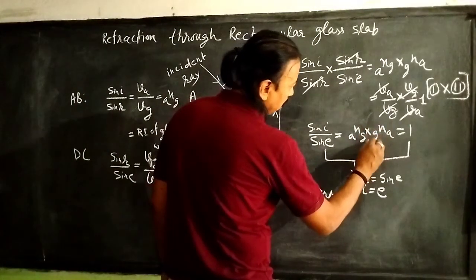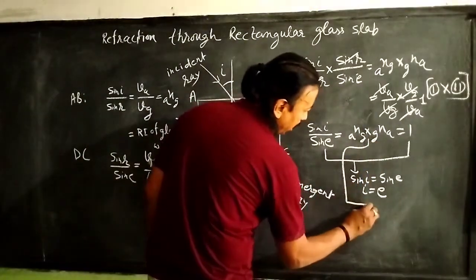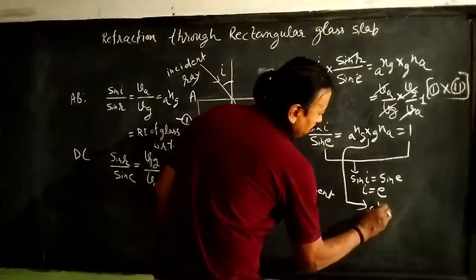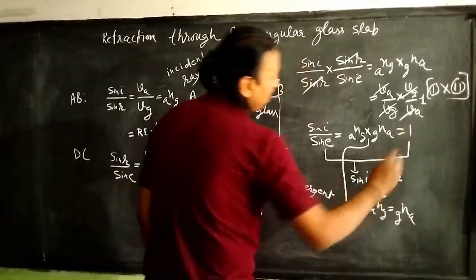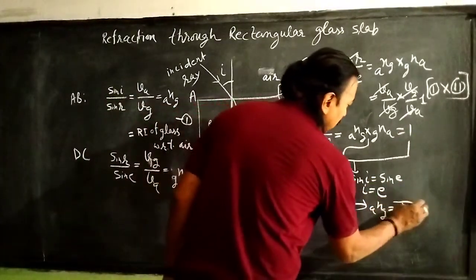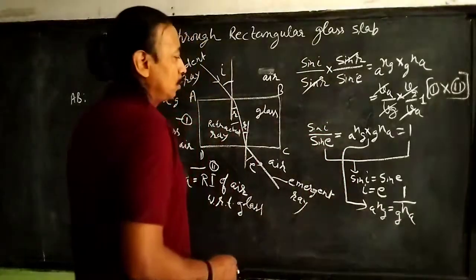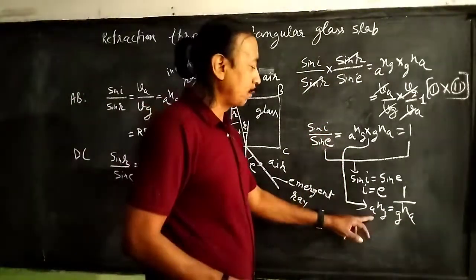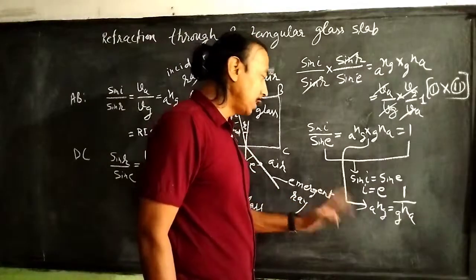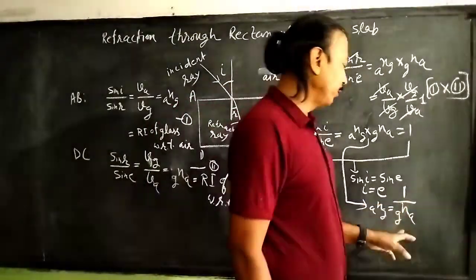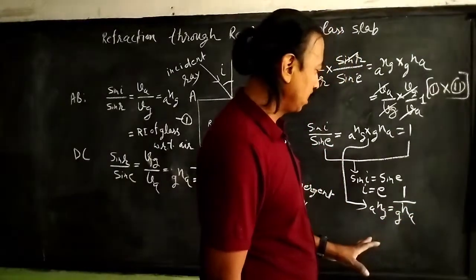Again, for this, aμg equal to 1 by gμa. So we see that the refractive index of glass with respect to air is the reciprocal of the refractive index of air with respect to glass.